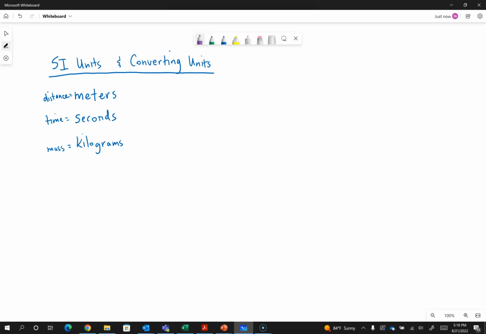So meters we represent as m, seconds s, mass kg, kilograms.